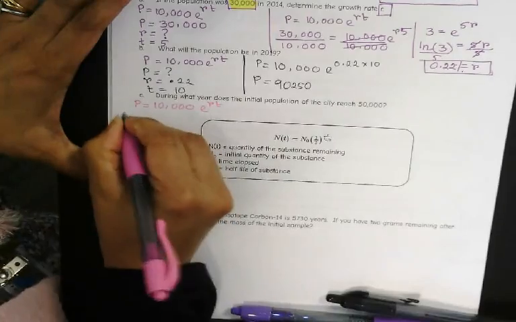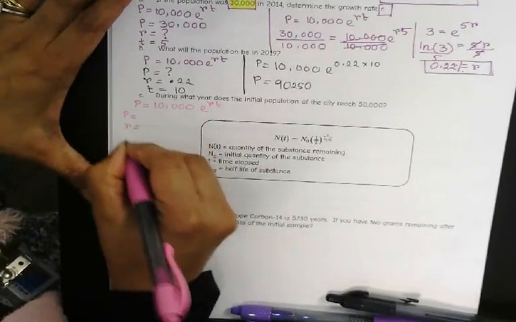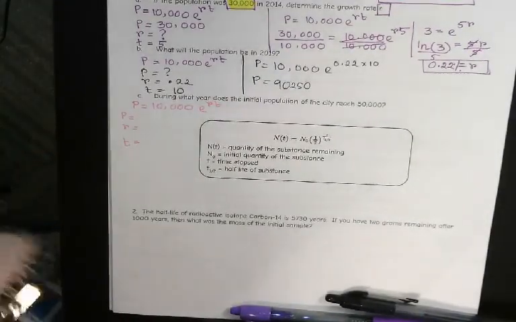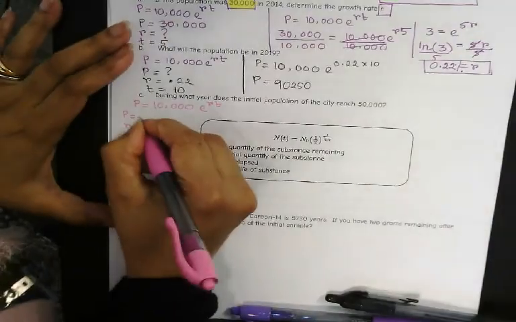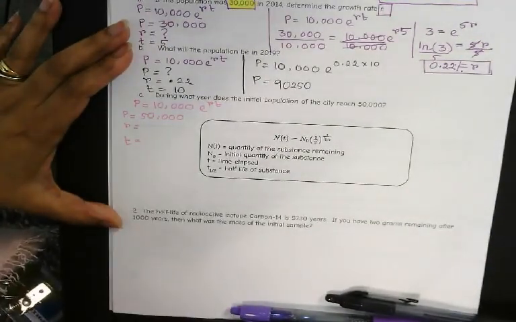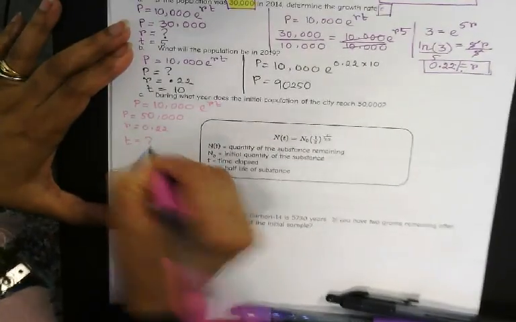Let's write down the variables again: P, R, T. What is my P value now? 50,000. What is my R value? 0.22. And we're trying to find the T value.